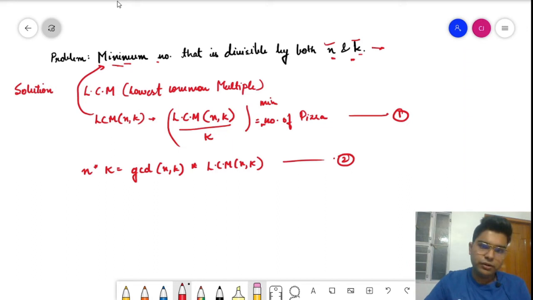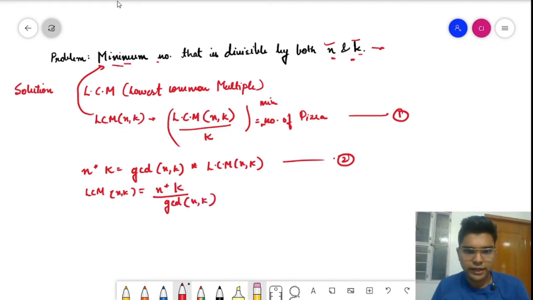So if we want to compute LCM, LCM of n comma k is equal to n into k divided by GCD of n comma k.